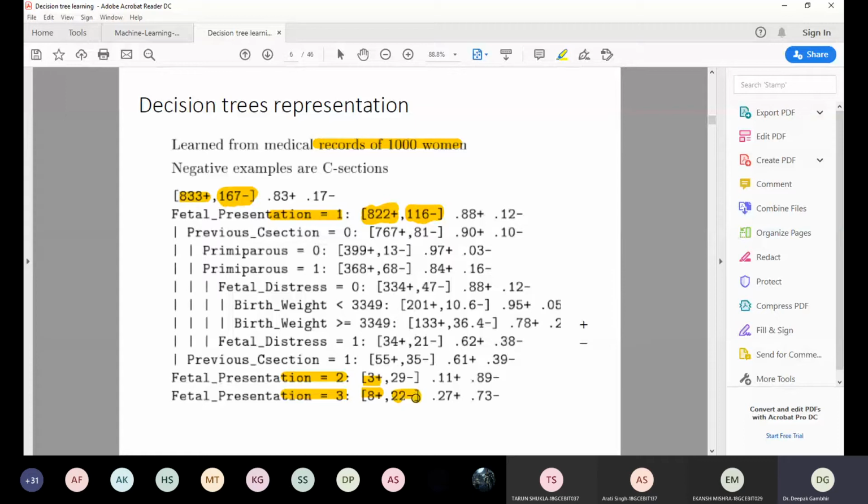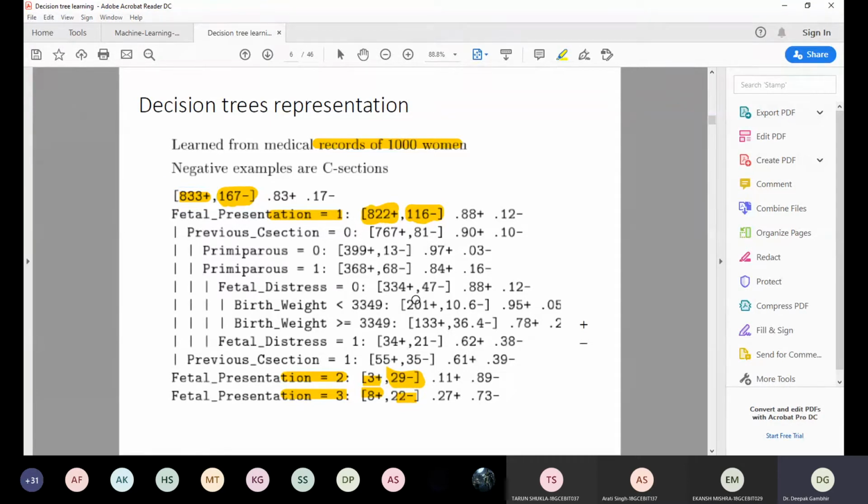And 22 is the negative example in the fetal presentation of 3, and 29 is the negative example of fetal presentation 2. So if you add them up, 822 plus 8 plus 3, that would be 833 total positive examples, and this is under 3 classes, fetal presentation 1, 2 and 3.